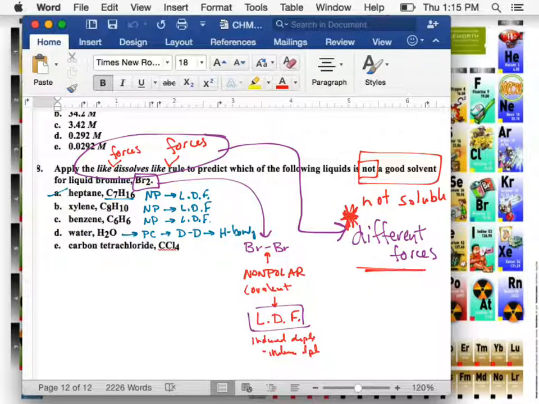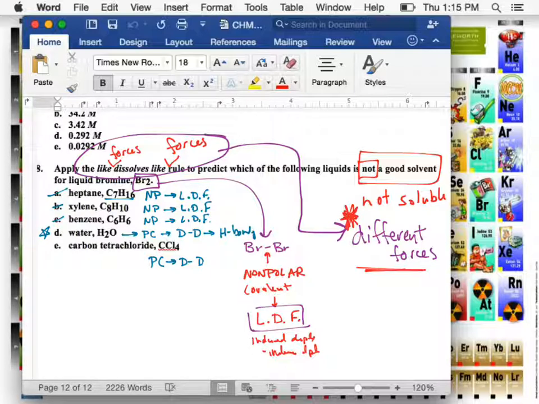Well, that's different, so that's a possibility. Carbon tetrachloride, polar covalent, which would be dipole-dipole. We actually kind of have a dilemma based off of our analysis.